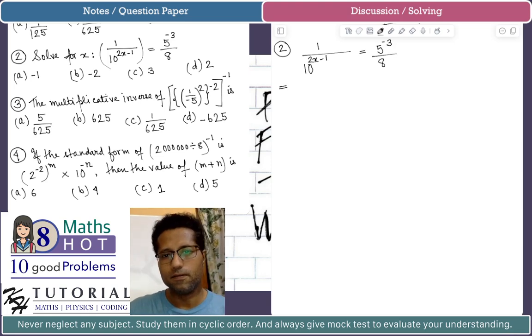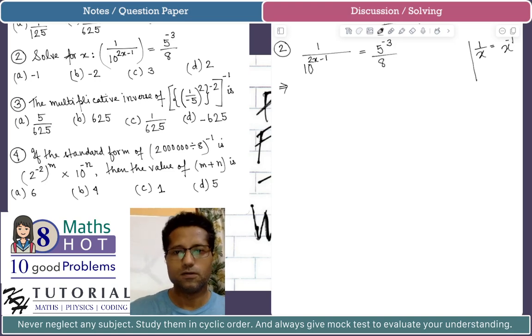Now 1 by 10 to the power 2x minus 1. We know that 1 by x, where x is a non-zero rational number, is equal to x raised to the power minus 1. So this is equal to 10 raised to the power 2x minus 1, this whole raised to the power minus 1.